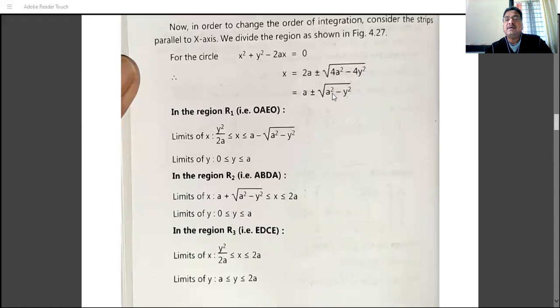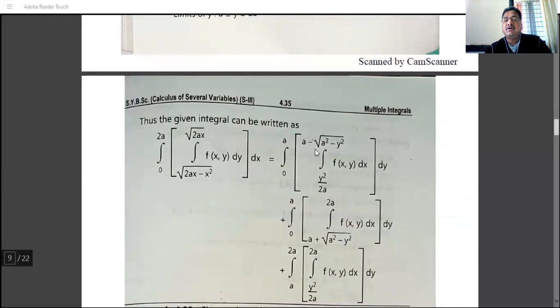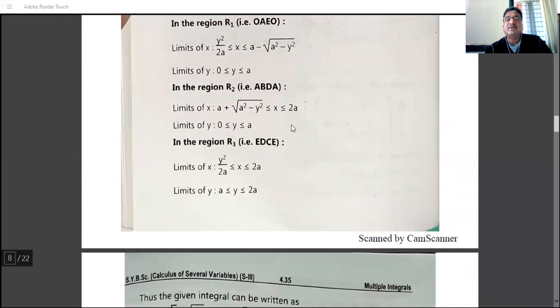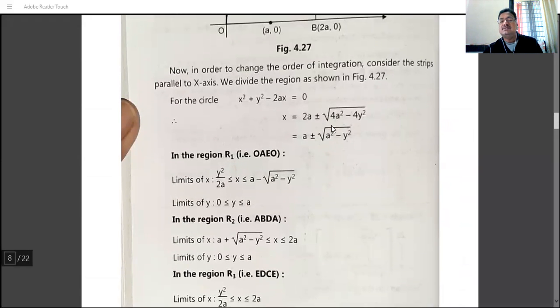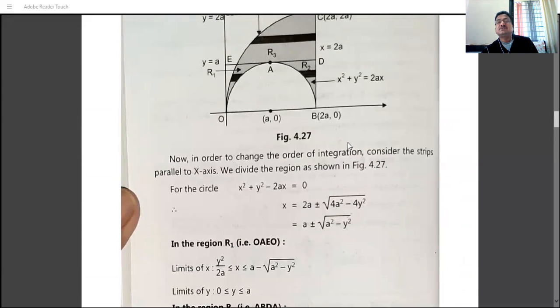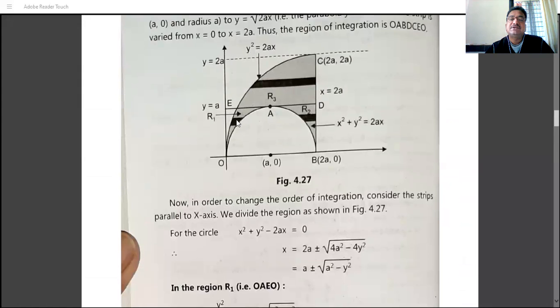And so a plus root a square minus y square is the upper limit. So take the upper limit as a plus root a square minus y square. So the other end of the strip touches this circle, and therefore the value of x is this.